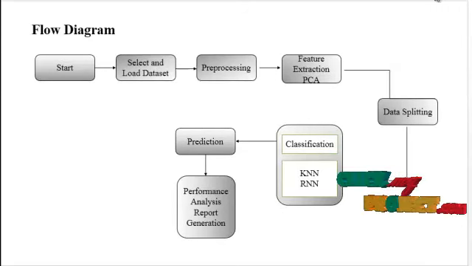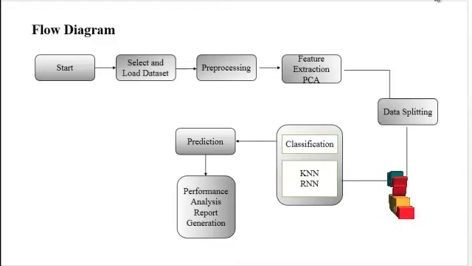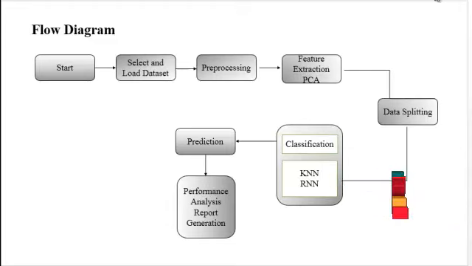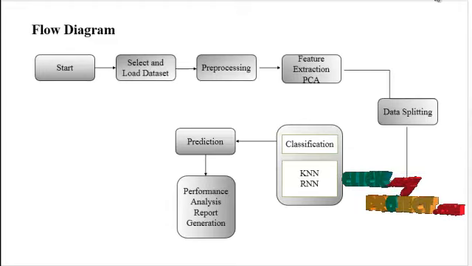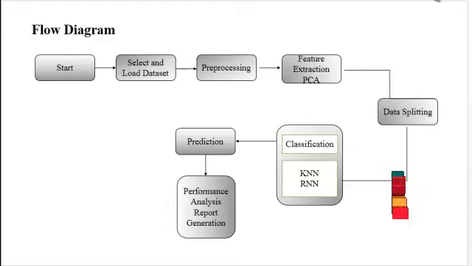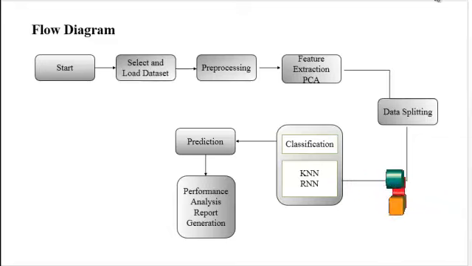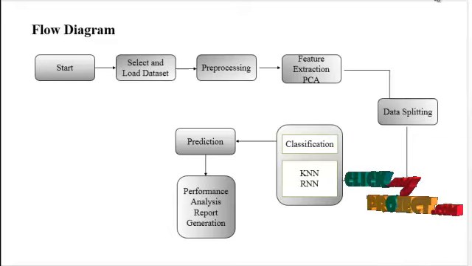Okay, this is our project flow diagram. Start, select and load dataset, pre-processing, future extraction, data splitting, classification, and then prediction. First, start our program. Next, select and load the brain EEG future dataset. Next, pre-processing. Pre-processing is cleaning the dataset. Next, checking null values. If you have any null values, replace them with 0 values.